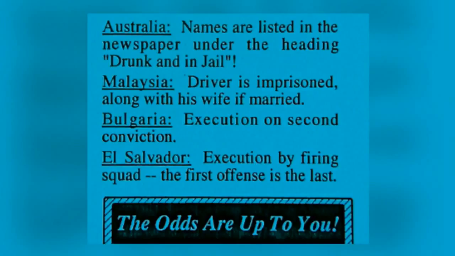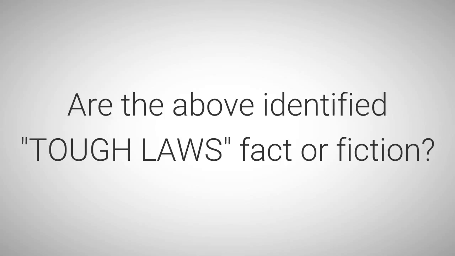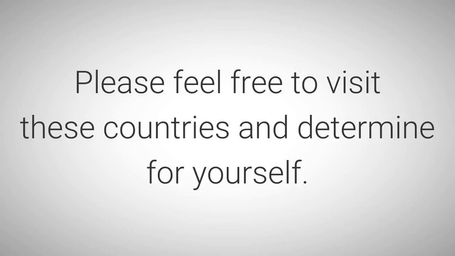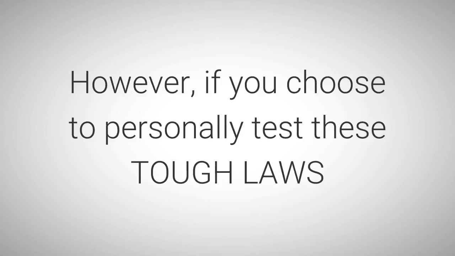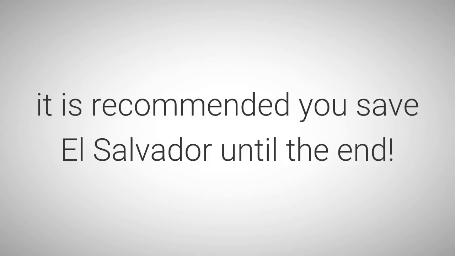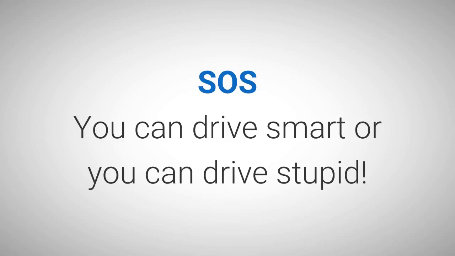The odds are up to you. Are the above identified tough laws fact or fiction? Please feel free to visit these countries and determine for yourself. However, if you choose to personally test these tough laws, it is recommended you save El Salvador until the end. SOS. You can drive smart or you can drive stupid.